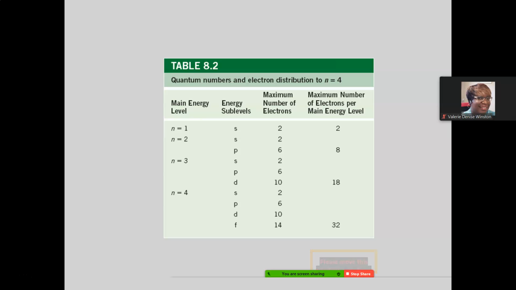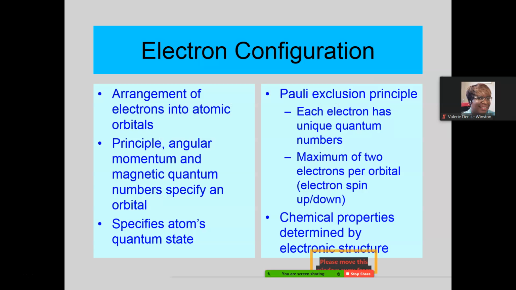Now, the table we have right here is on the top of page 218. We've set it up for how our electrons are configured. Okay. The arrangement of electrons into atomic orbitals. The first part of the orbital is the average distance from the nucleus, and that's the n level. Okay, that's the principal quantum number.